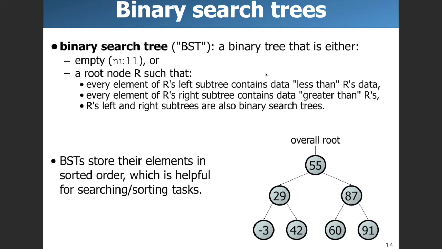Hi class, in the previous video we were talking about binary trees. It's important to understand that the tree data structure has different types of trees, and we are focusing on binary trees.